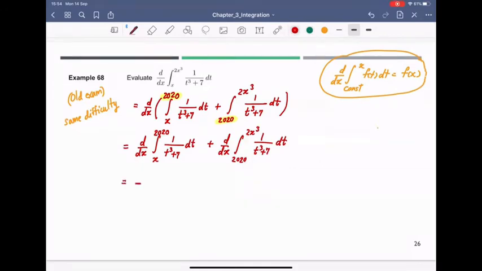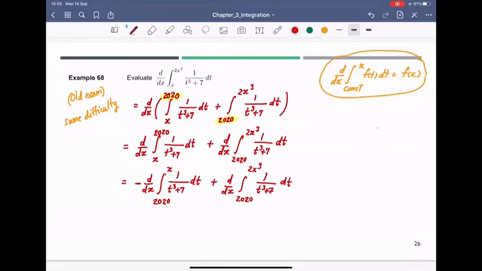It's going to be negative d by dx of the integral from 20 to x of 1/(t cubed plus 7) dt. The negative sign comes from the action that I switch 20 and x. And on the second term, I will differentiate later, so just copy that first.